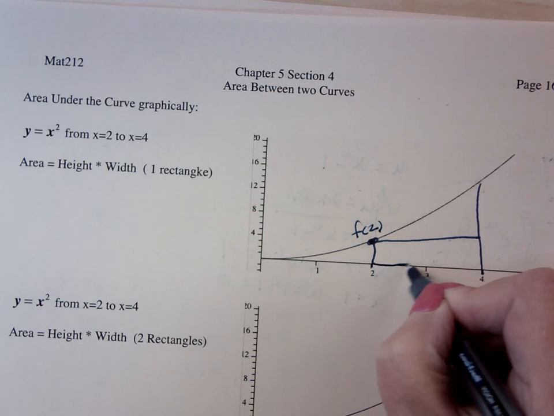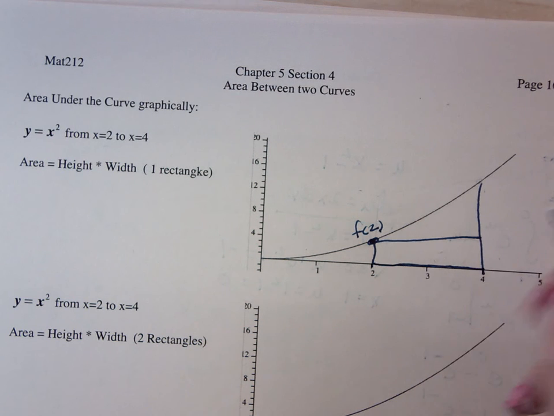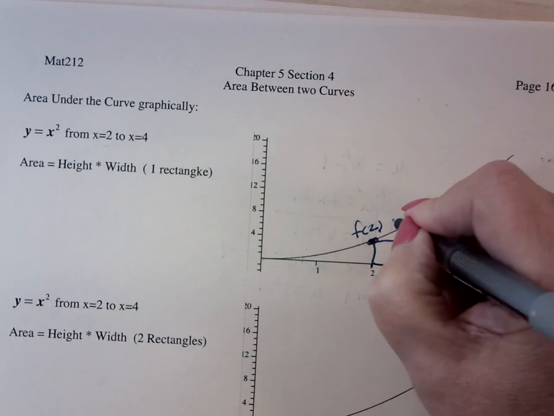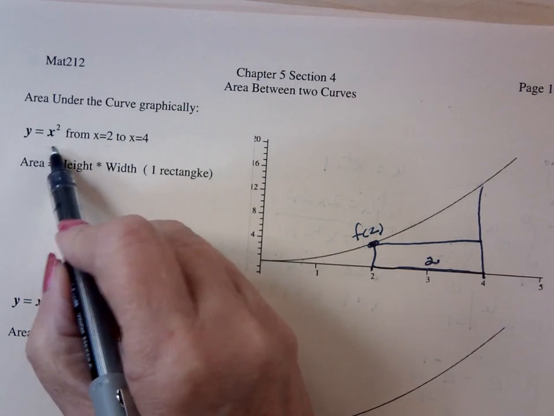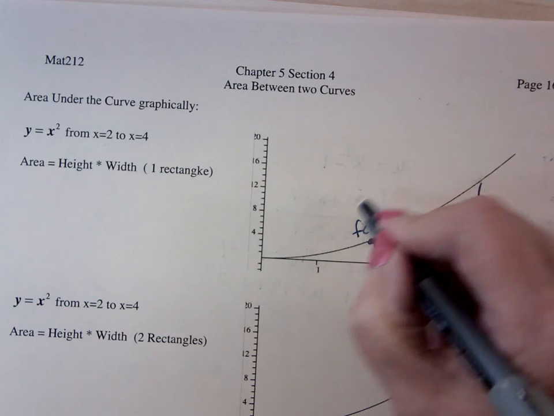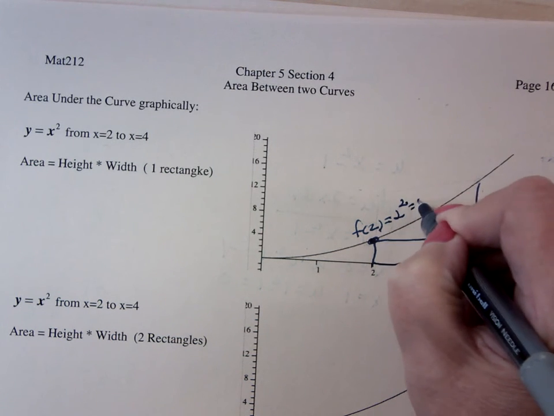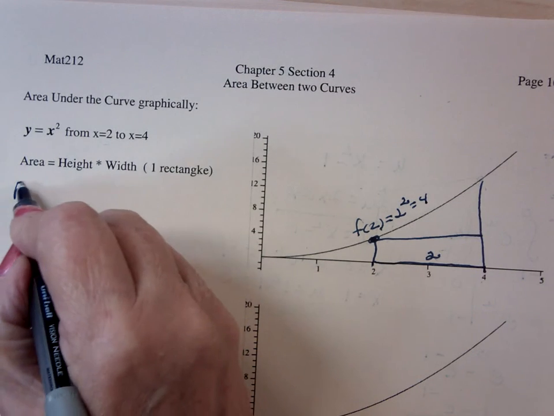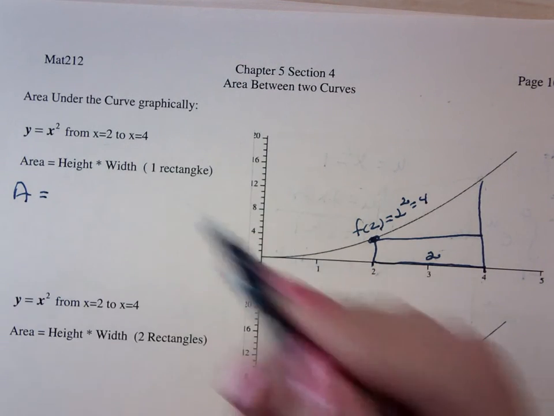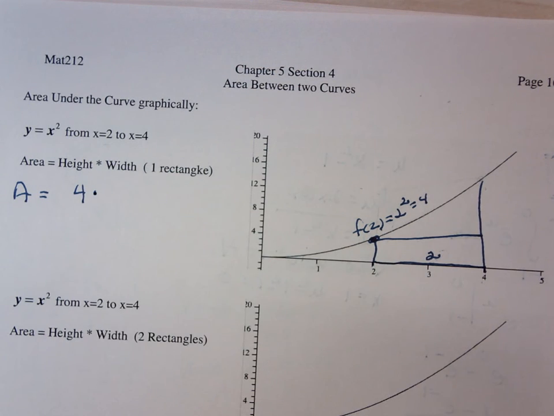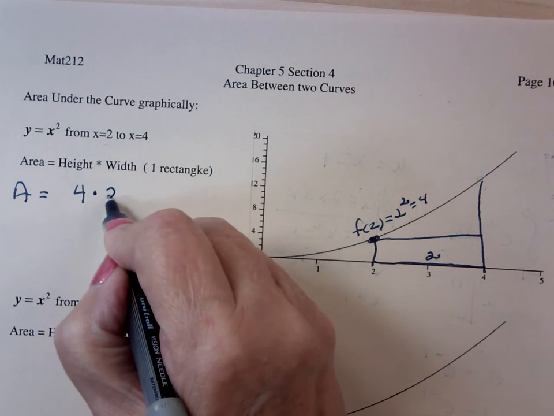The length of this rectangle is this distance along the x-axis, which would be 2. So if I look at f of 2, the formula is x squared. F of 2 is 2 squared, or 4. So if I look at area, the height of the rectangle is 4, multiplied times the width of the rectangle, which is 2.